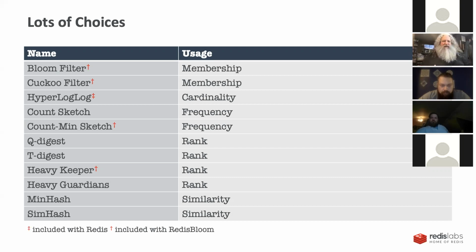You've got ranking, which is similar to frequency in the sense that ranking puts things in an order, and the order is the priority. Whereas with frequency you want to understand the sort of histographical relationship between the items in the set. And then you've got things to determine similarity like MinHash and SimHash. We're going to go into detail on Bloom filters, HeavyKeeper for top K, and MinHash.